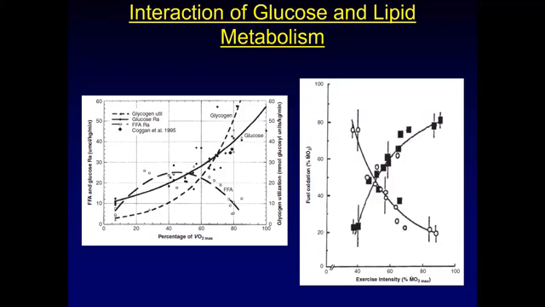This has been much studied and much talked about. Can we shift where this occurs to the right, to higher exercise intensities? What does this tell us about where we should train? What does it tell us about what we should do to lose adipose tissue or to maximize performance? A whole host of different questions. This is the same graph, but it has partitioned out whether the carbohydrates are coming from glycogen, the dotted line, or from blood glucose, the free glucose from the bloodstream, and then there's fat.